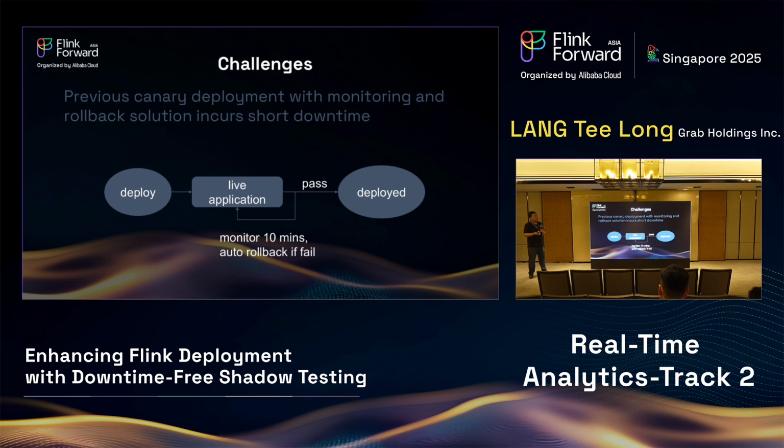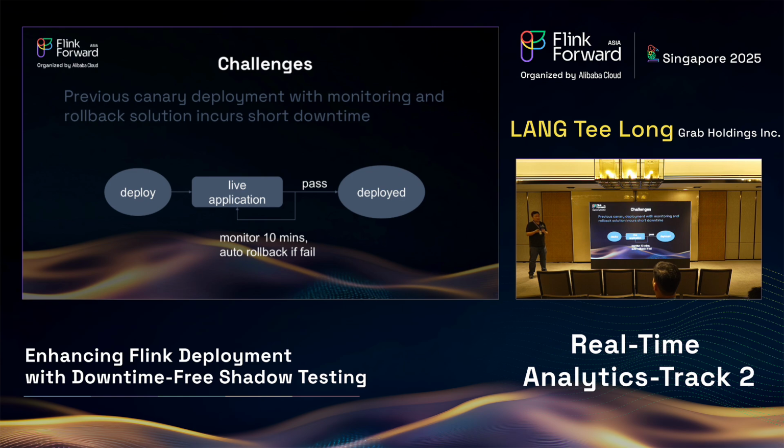For example, in the previous canary deployment that we used for our Flink applications, when a platform user deployed their Flink application to the production pipeline, we integrated a Kubernetes cron job to monitor the deployment. In this stage, the cron job will monitor for about 10 minutes, checking the Flink application job manager's status.